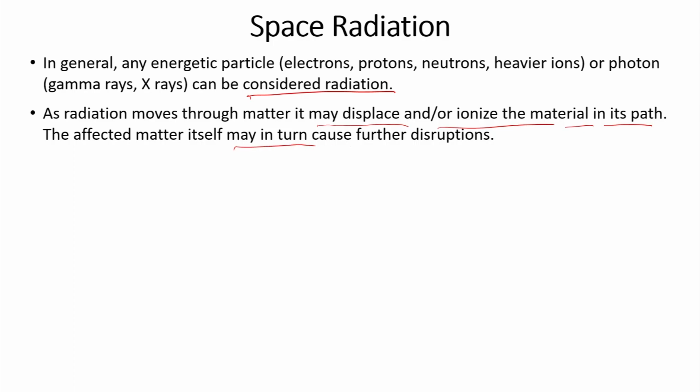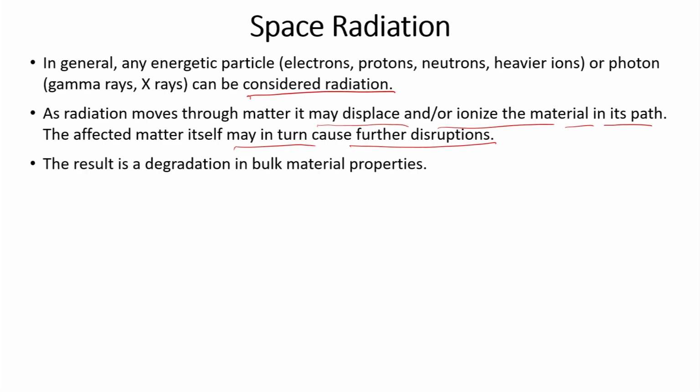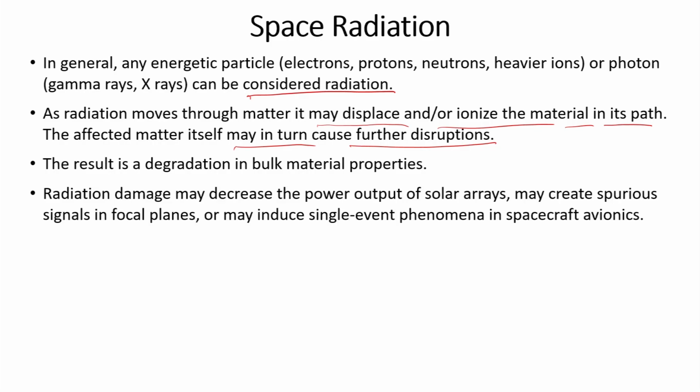This may cause further disruption or further anomalies. We will discuss in detail what the effects of space radiation on our spacecraft are. This results in the degradation of the bulk material properties. Of course, there are other types; this is one, the degradation of the bulk material properties. There are some terminologies to explain all these things. We will be discussing them one by one as we proceed further.